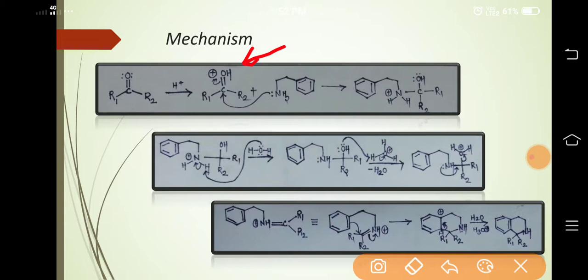Now, this positively charged, electron-deficient center will be attacked by the lone pair of electrons on the nitrogen of beta-aryl ethylamine.